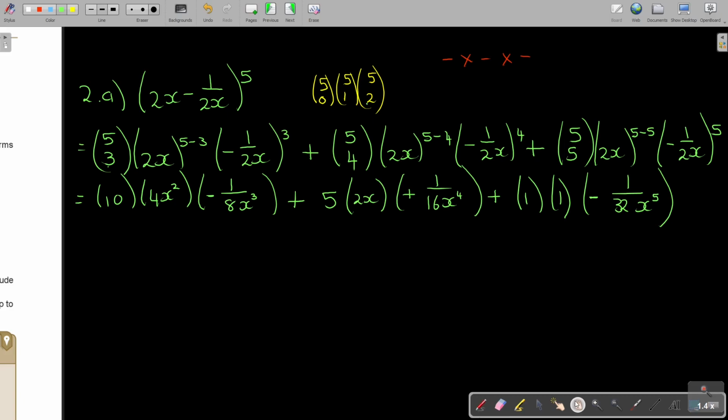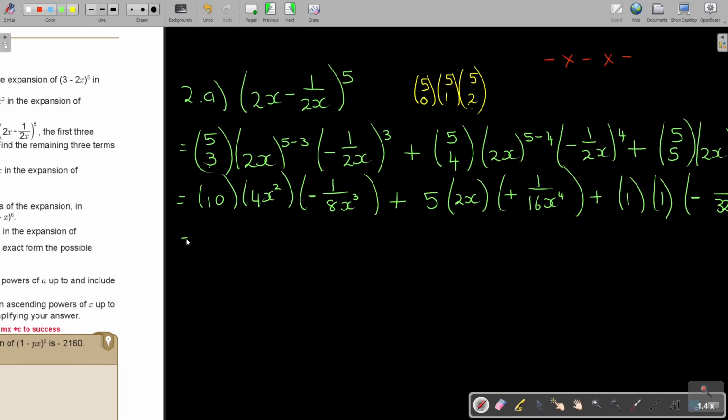Now I can simplify them. It's going to be 10 times 4, it's 40, divide by 8, and it's a negative, 5, and remember that 2, and there will just be an x. Then it's going to be 5 times 2, so it's 10 over 16, which simplifies to 5 over 8, and again x to the power 3.